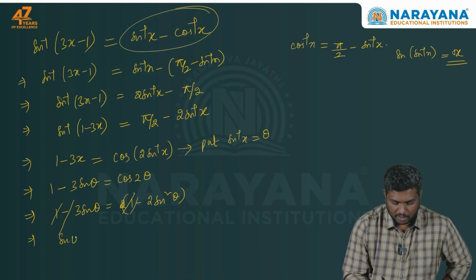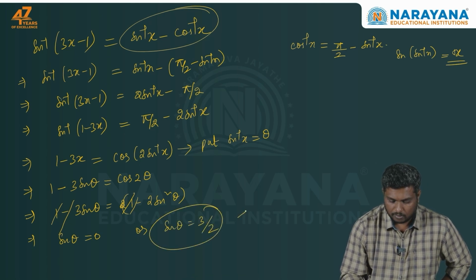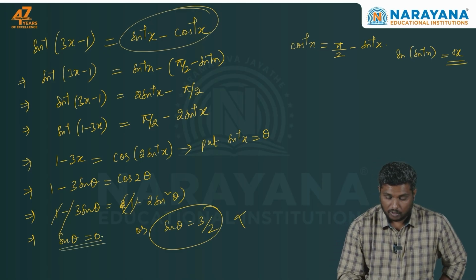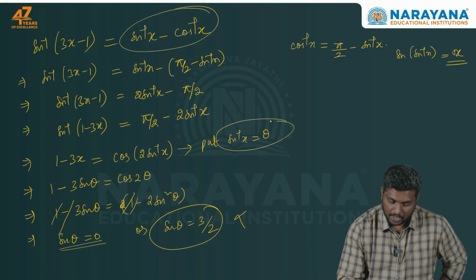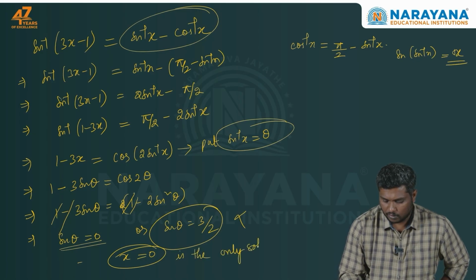Here clearly we're getting two solutions: sine theta equal to 0 or sine theta is equal to 3 by 2. This is not possible as sine theta can't be beyond 1. So sine theta equal to 0. What is sine theta? From this one, x. This implies x is equal to 0 is the only solution.